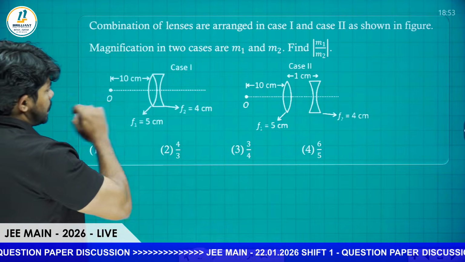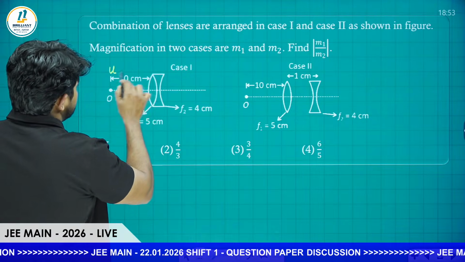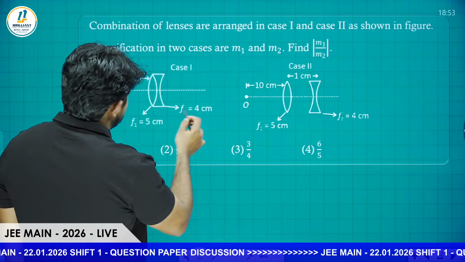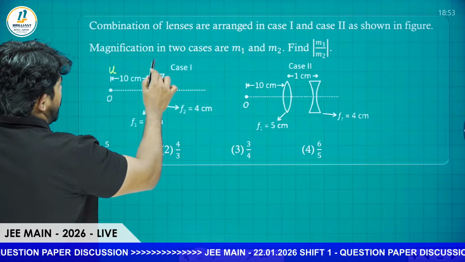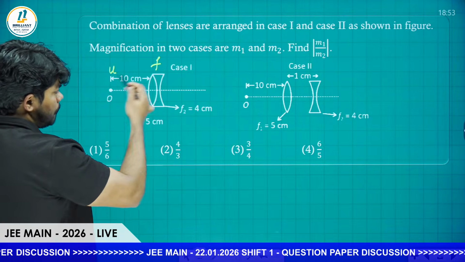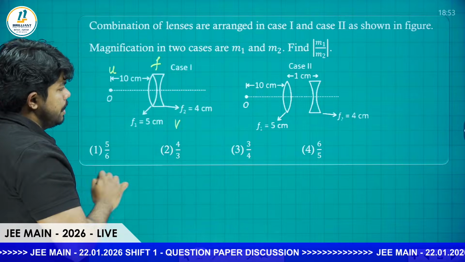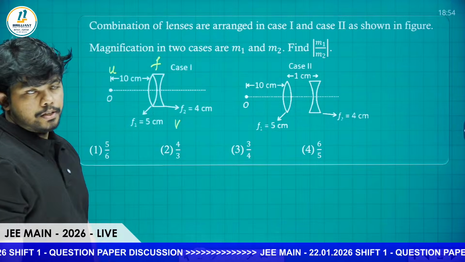So for the first case, this is u, 10 centimeter, and this is a combination of lens we are taking. So we can find the effective focal length and find out the image distance of that combination. If you know the v and u values, you can find the magnification, right?